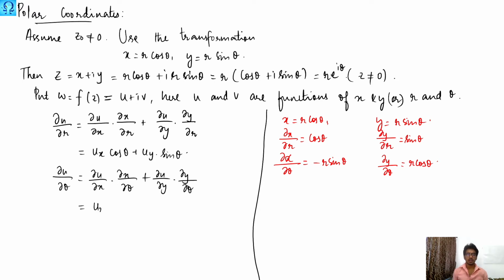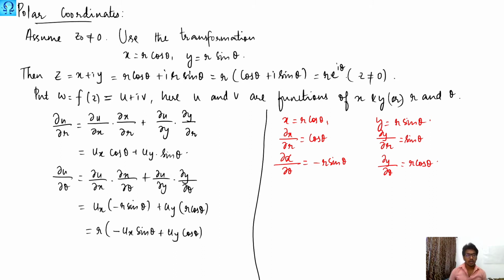So we shall write it as ux times minus r sine theta plus uy times r cosine theta. From which we shall take r outside. So if you take r outside, then you have minus ux sine theta plus uy cosine theta, right?